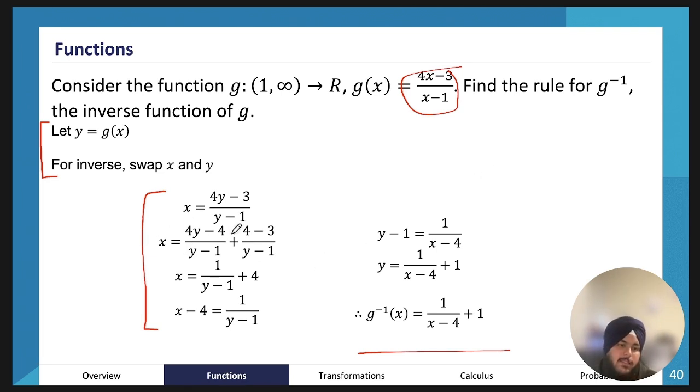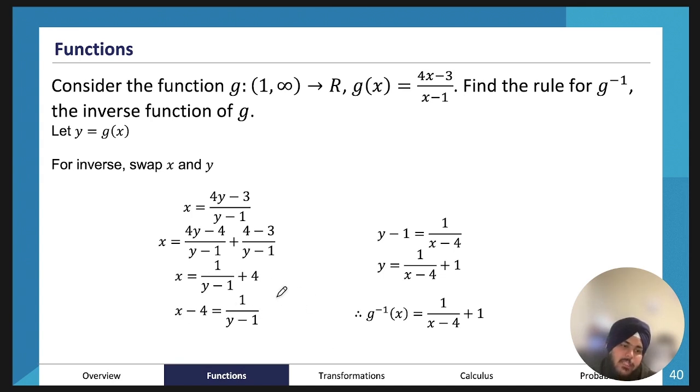In this case, next we've split the fraction. We get x is equal to (4y minus 4 plus 4 minus 3) over (y minus 1), which gives me x is equal to 1 over (y minus 1), plus 4.